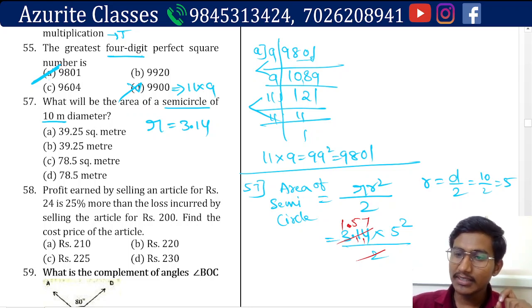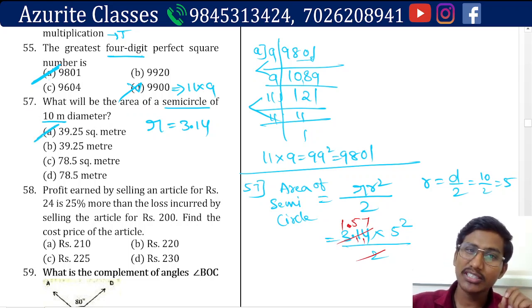So 5 here, 17 carry, 25 fives are 125, 125 plus 17 is 142, 2 here, carry 14. Next 25 ones are 25, 25 plus 14 is 39. So 39.25 square meter. Okay, so 39.25, option A here.